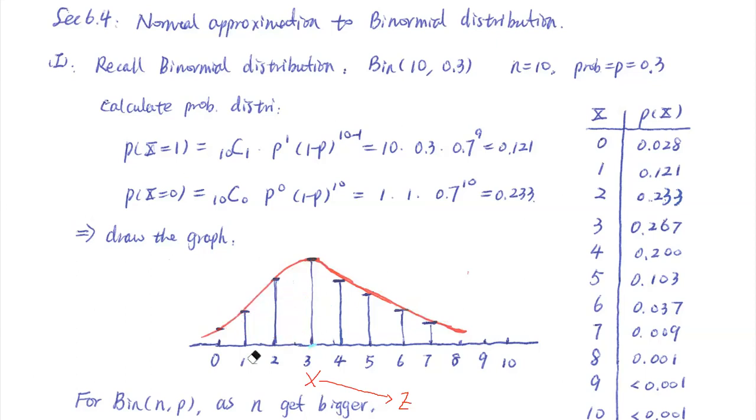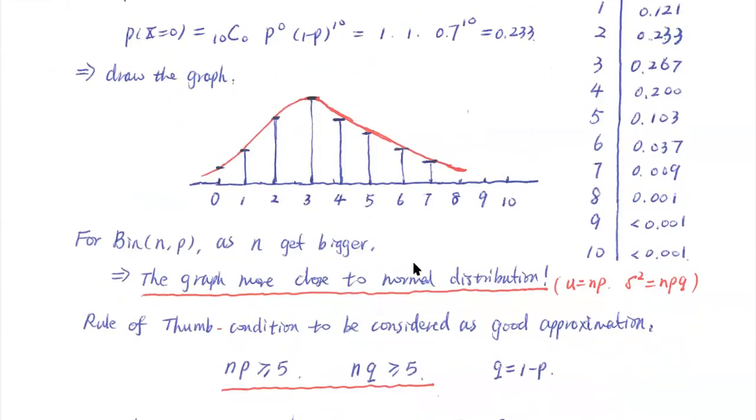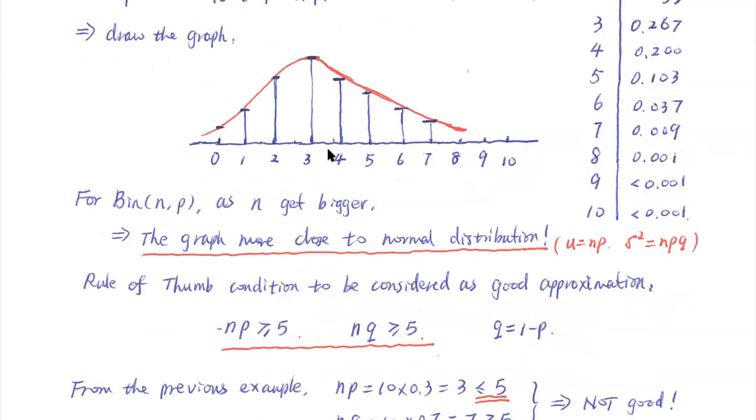You can see that as n gets bigger, the curve will be more similar to the normal distribution curve. If we have a bigger sample size, the curve will be more and more like those beautiful normal curves.